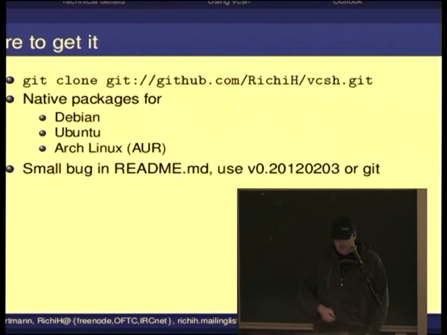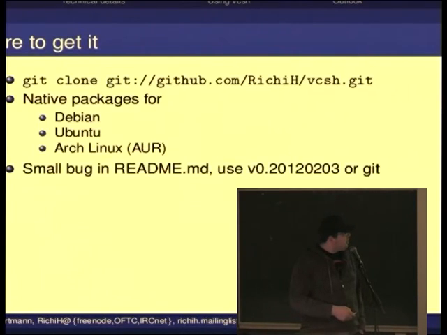That was pretty much it. You can get vcsh just by cloning my repository. As it's written in POSIX shell, as I said, you don't have to compile anything. You can just run it from in there, or you can install it, whichever you prefer. There are native packages for Debian, Ubuntu, and Arch Linux.